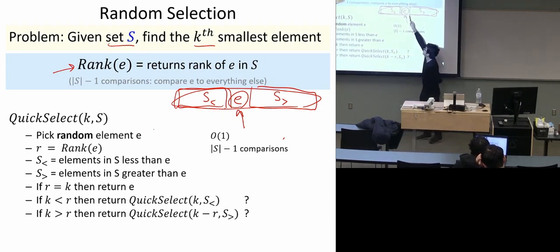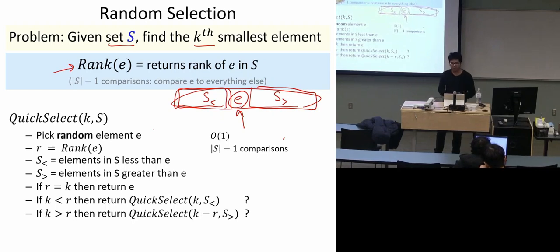So if you want the kth element in the whole list, you need the (k minus r)th element in this part. It should be quite clear that this algorithm is correct; the correctness is quite straightforward. The question is what the running time of this algorithm is.